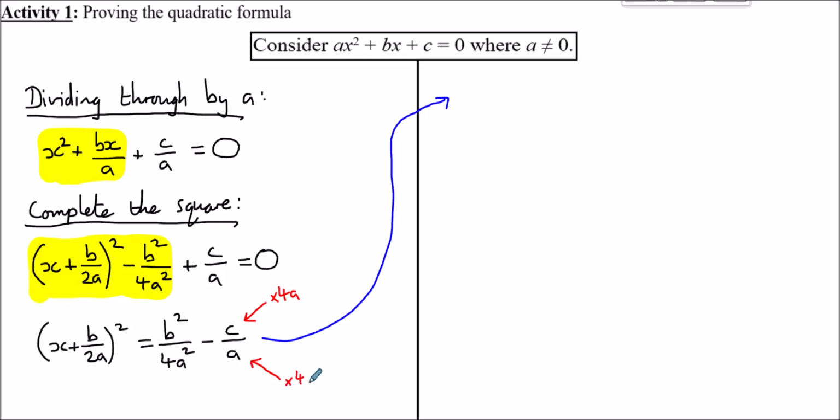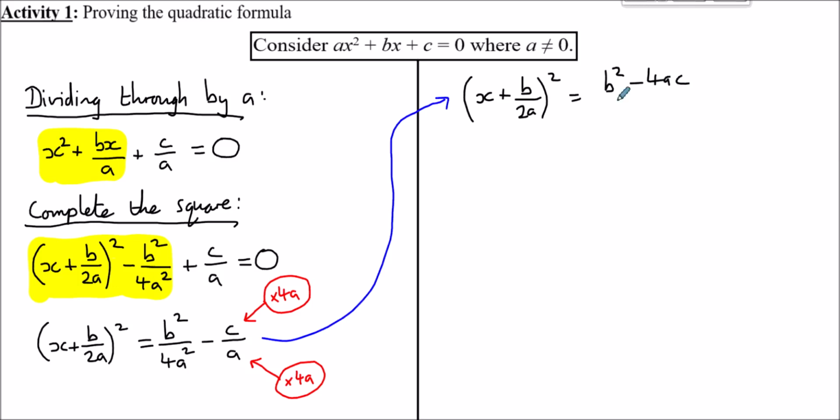Then I'd have a common denominator of 4a squared, and so I could rewrite this side all over a common denominator. So then we'd have x plus b over 2a all squared equals b squared, c times 4a becomes 4ac, and the common denominator, as I've said, is 4a squared.